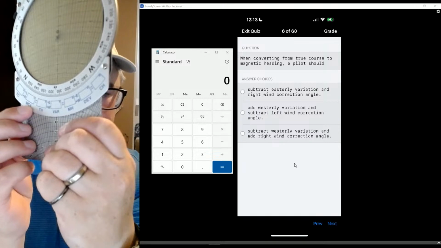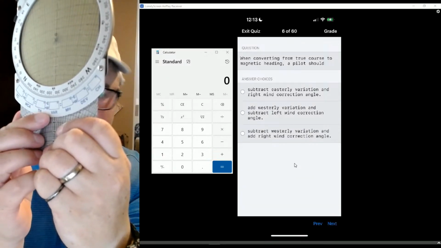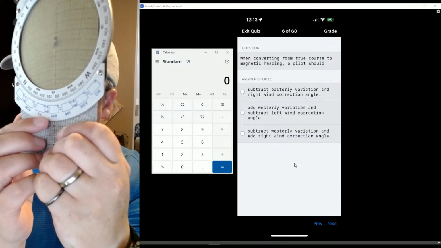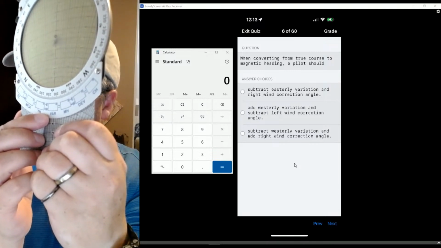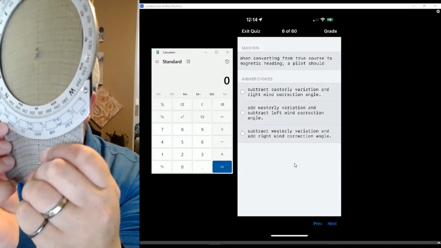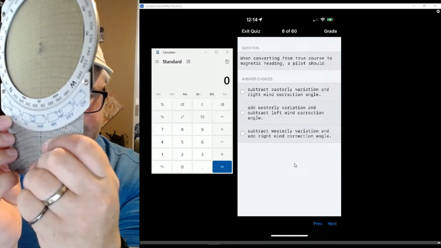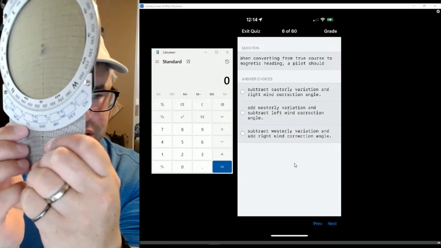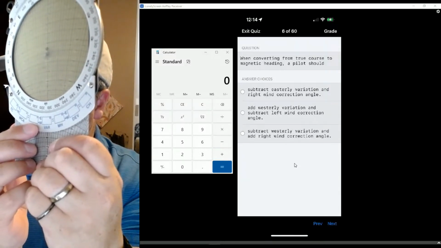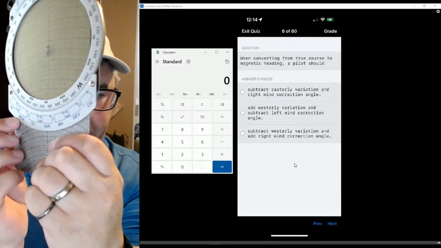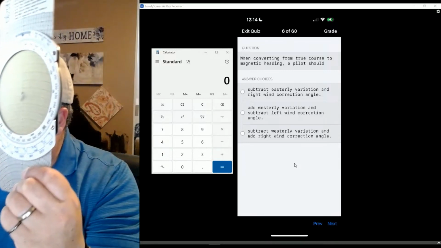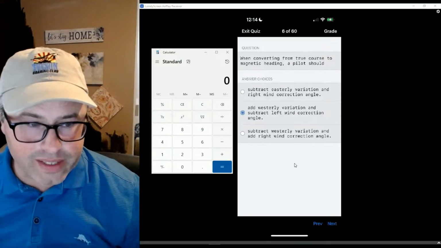Variation, add westerly. That looks good. Subtract westerly variation? Nope, that's not right. We add westerly variation and add right wind correction angle. So that one has half wrong, so that was all wrong. So it's definitely number 2. Just look at the E6B.